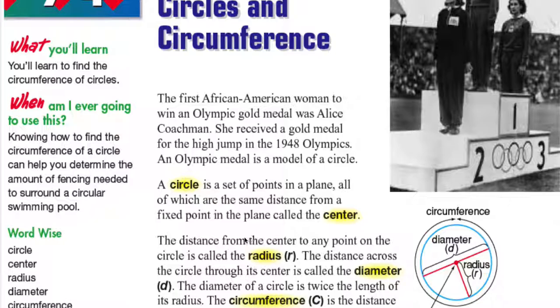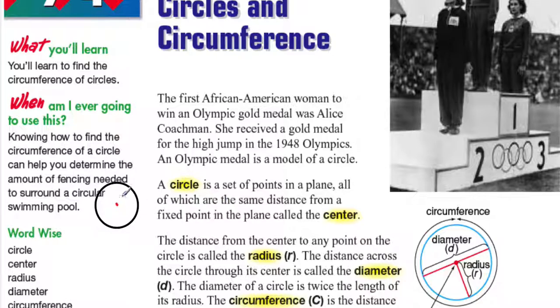So when you have a circle, it is a set of points in a plane, all of which are the same distance from the fixed point in the plane called the center.